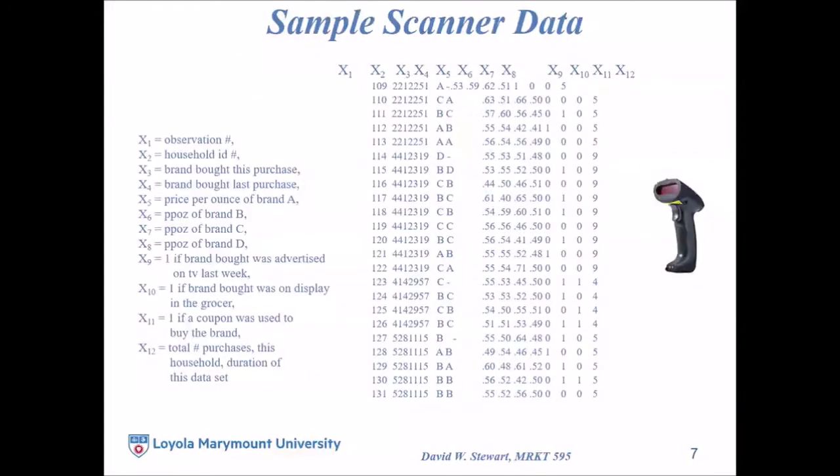This is what scanner data looks like, by the way, when it's purchased. Now you just download it. You used to come with a CD-ROM. But you see what's captured there. So when your purchase is being scanned in the supermarket, they're picking up, if you're a frequent shopper, your household ID, the brand bought this purchase, they combine that with information from the last purchase.